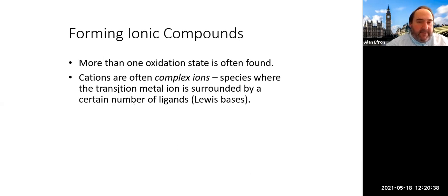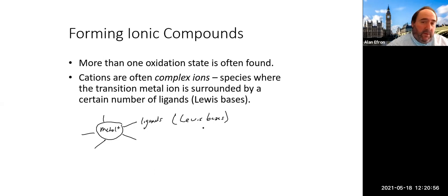A complex ion is really a metal that's in the middle, and it has a bunch of species attached to it, which are referred to as ligands, right? And if you remember, ligands are basically Lewis bases. A Lewis base is something that will donate a pair of electrons, an electron pair donor.